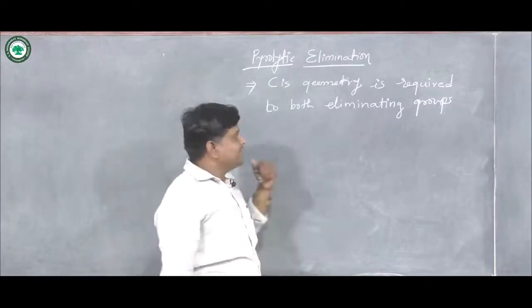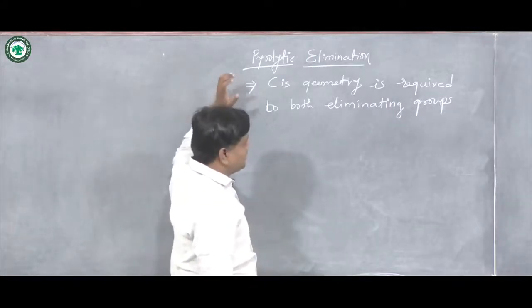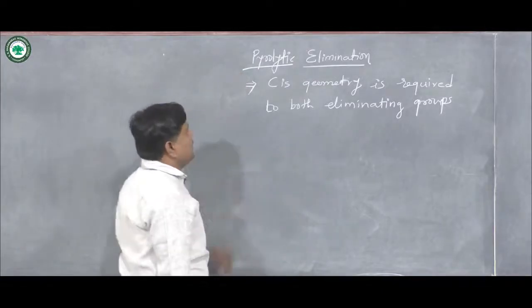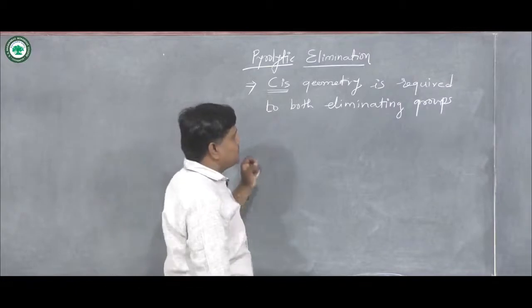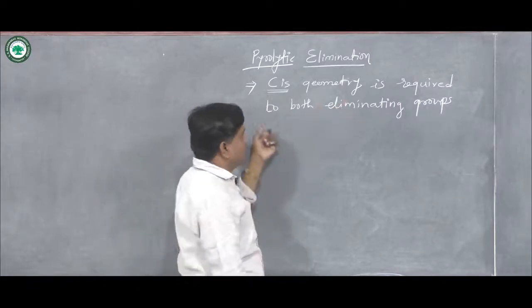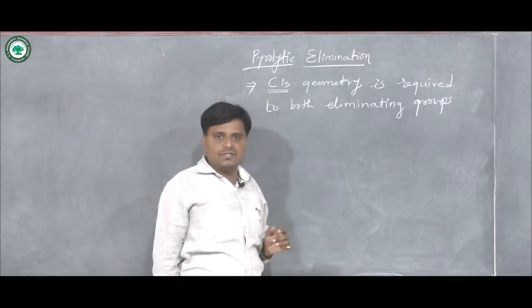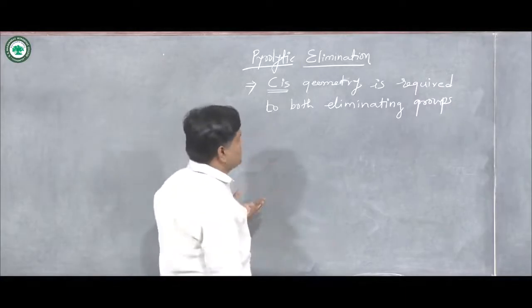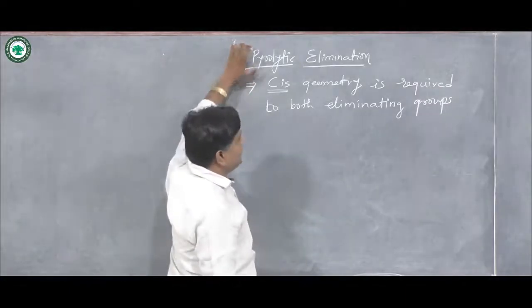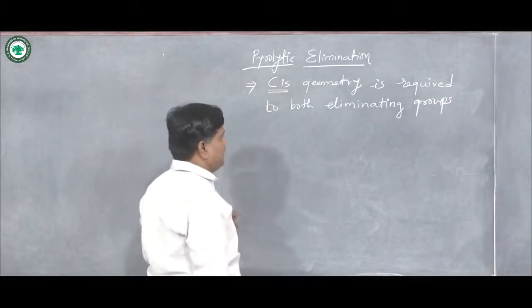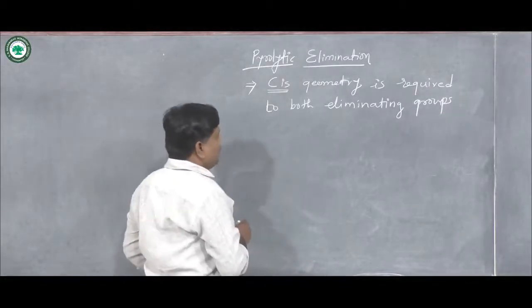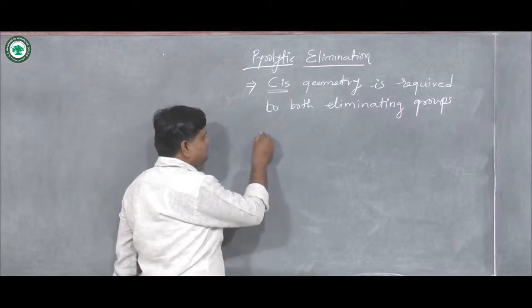But now, in this example, this is one of the exceptional cases for elimination, and here cis geometry is important and required for the eliminating groups. So the faster reactions are carried out. So this pyrolytic elimination is one of the exceptional cases in elimination. So here we take one example.